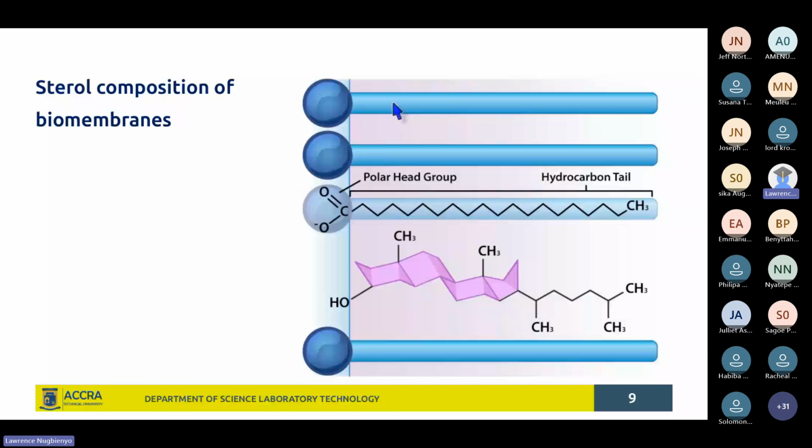And now you do remember when we were looking at these phospholipids with some fatty acids with double bonds in them.